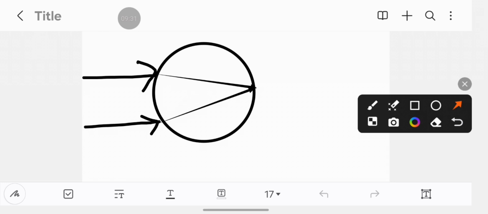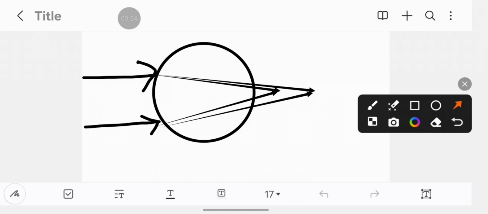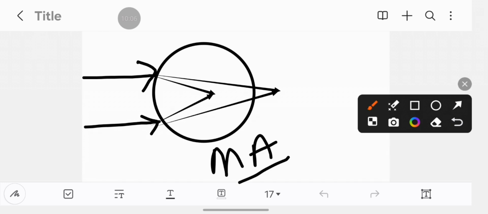If one focuses on the retina and another behind the retina, it is simple hypermetropic astigmatism. If both light rays focus in front of the retina, that is compound myopic astigmatism, and if both focus behind the retina, that is compound hypermetropic astigmatism. And if one light ray focuses behind the retina and another in front of the retina, that is known as mixed astigmatism. You need to understand properly which type of astigmatism is which.